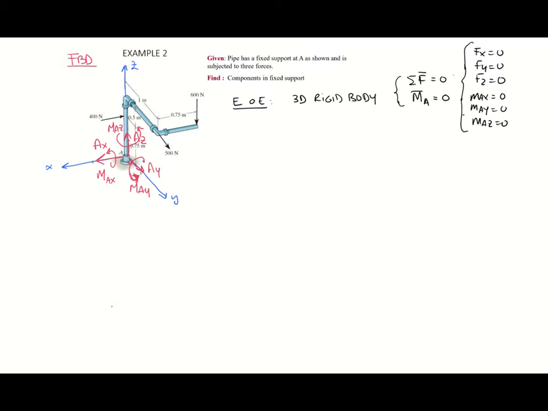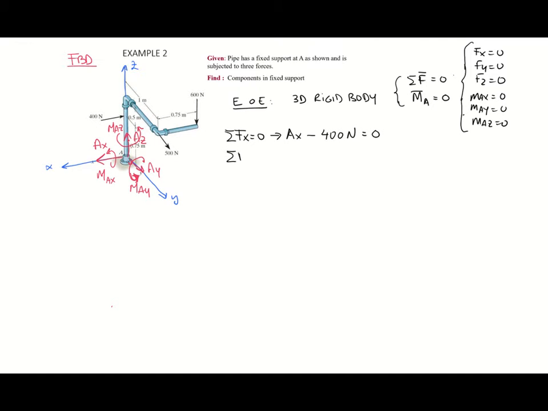So let's take our equations of equilibrium. Let's add forces in x, and that will be equal to 0, right? And we have AX. What other forces do we have? Minus 400 newtons equals to 0.